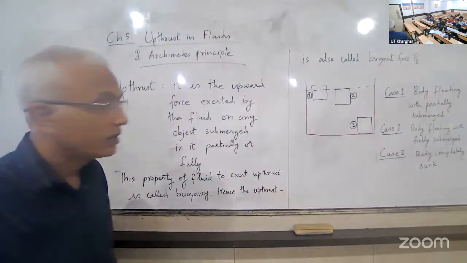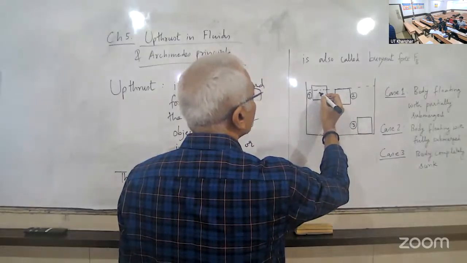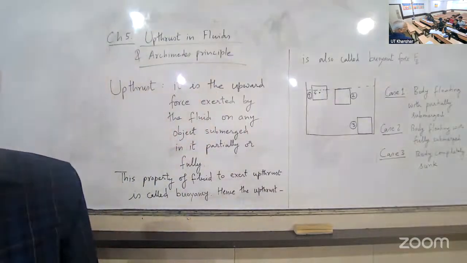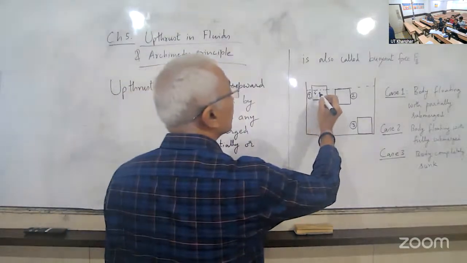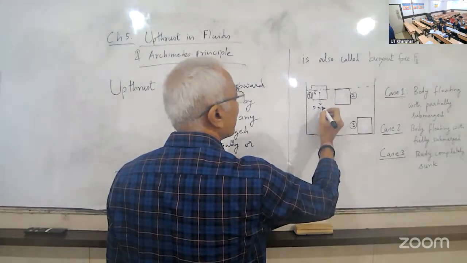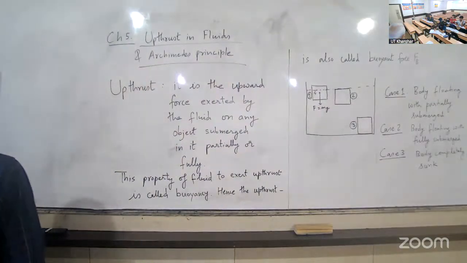One is weight, the gravity. So where does gravity act? On the midpoint, the center of gravity. So its weight is downward. How much is the weight? F equal to mg. Weight is always the gravitational force, downward, mg.